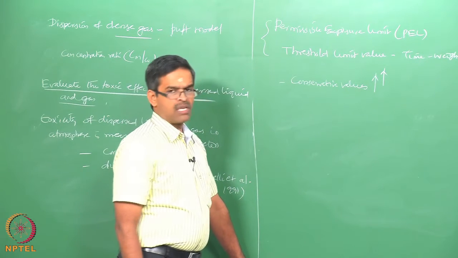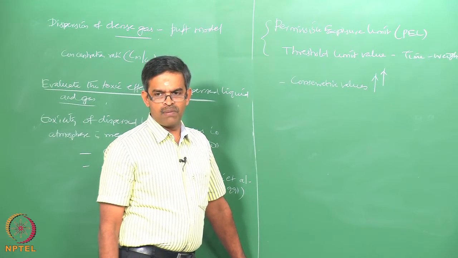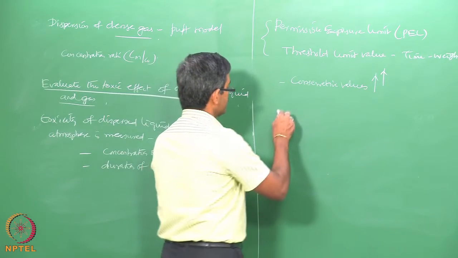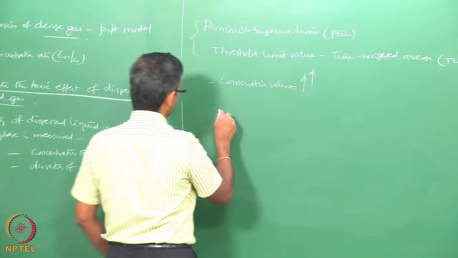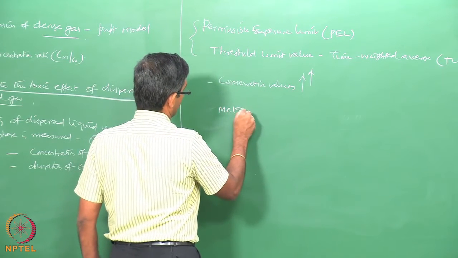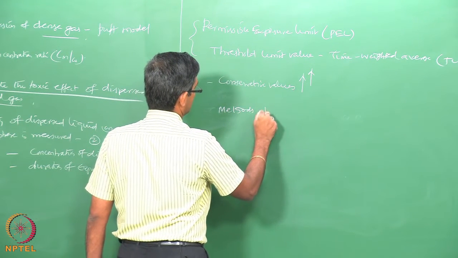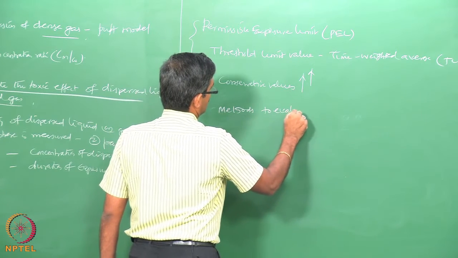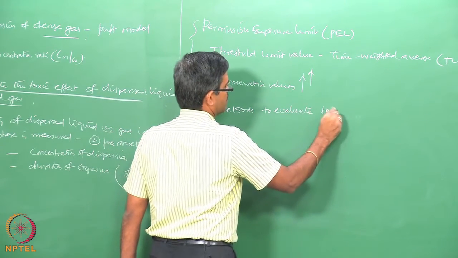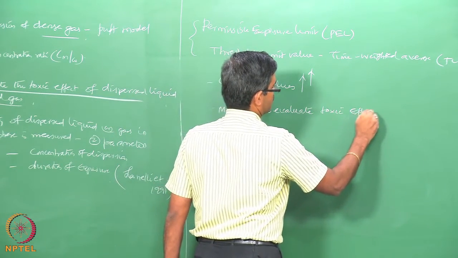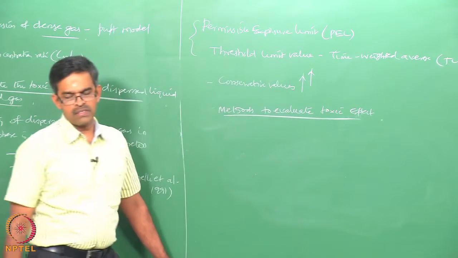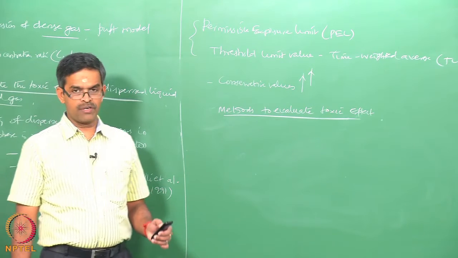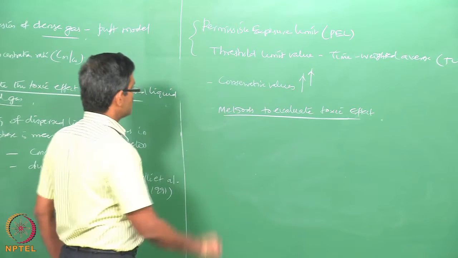Now, to evaluate the toxic effect, there are 5 methods available in the literature. Methods to evaluate toxic effect suggested by various international regulatory bodies. Let us say method 1.